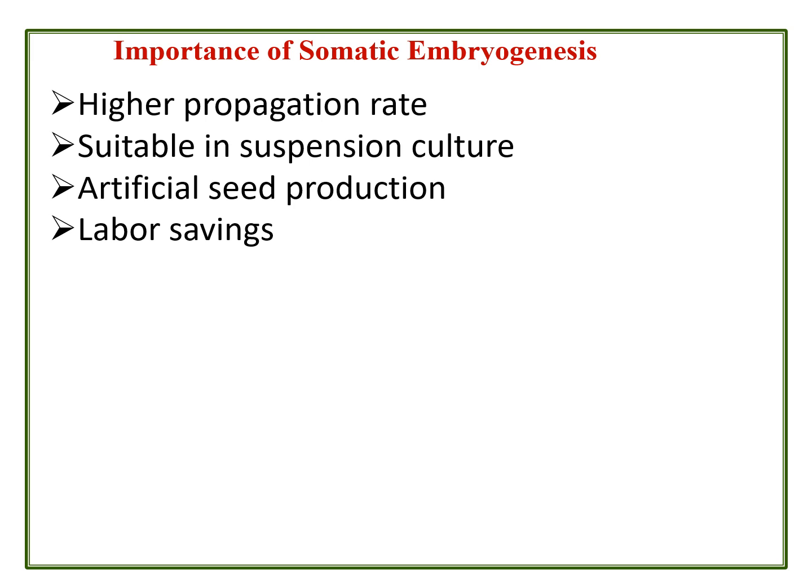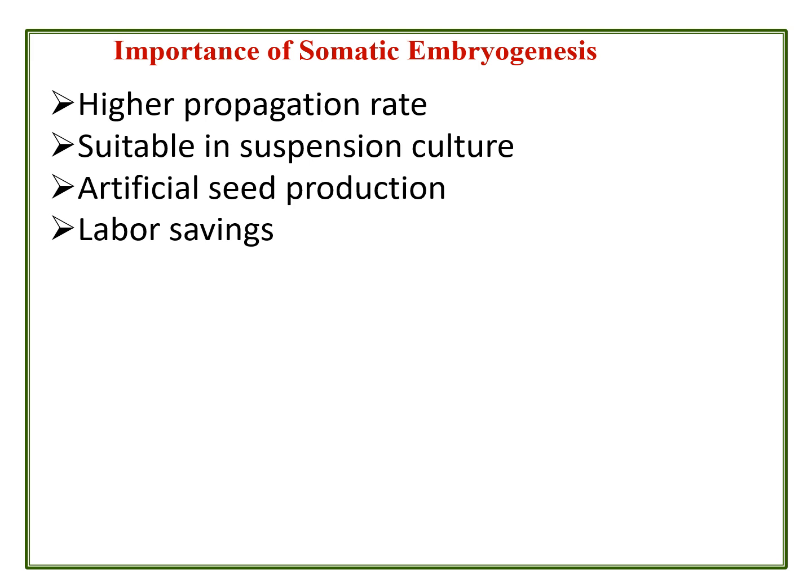Artificial seed production: somatic embryos are very useful in producing artificial seeds. At present, seed quality and quantity are not at the optimum mark, so fake or inviable seeds are packaged and sold to the farmers, and the farmers are committing suicide.